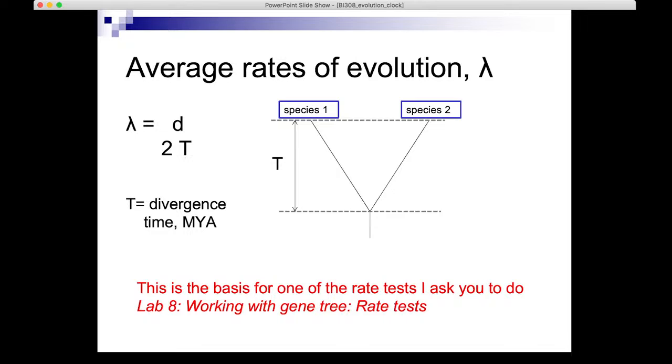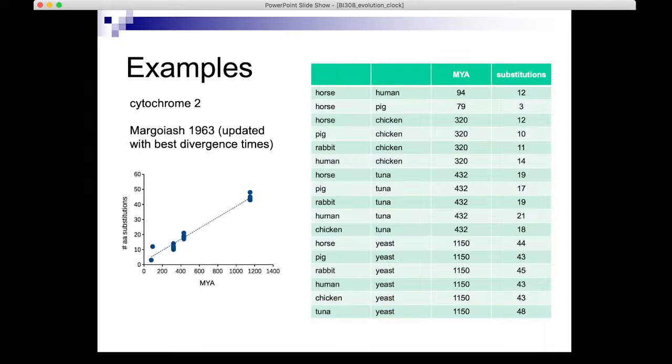If you take 2 species and you compare them against an outgroup, which is shown in the Lab 8 worksheet, but it's not shown here, the expectation is that the distance between these 2 will be the same, indicating equal rates of evolution. Okay, so I have a worksheet for you to calculate that out.